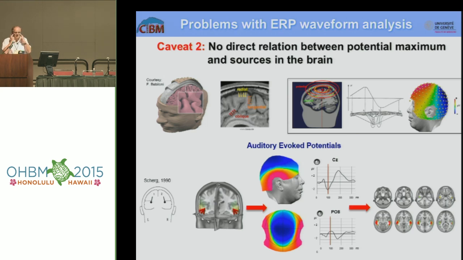The sources were in the temporal lobe, in both temporal lobes on both sides. And only through inverse solutions, through source localizations that you will hear about this afternoon, you might be able to disentangle that and get back to where the sources have been. But the interpretation could very easily be wrong here by assuming that where the maximum is, you have had the sources in the brain.